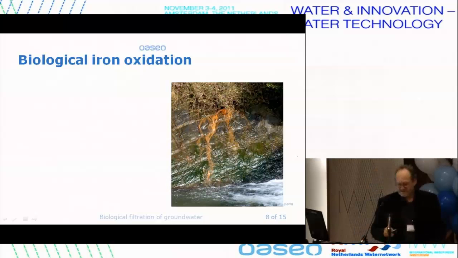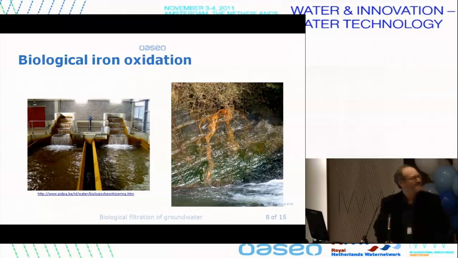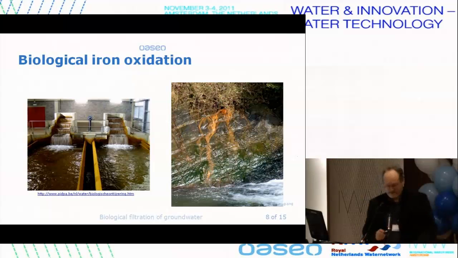You can make this into an engineered system. So this is a picture from our Flemish colleague company of Pitpa. And it shows actually the same sort of system, with the groundwater coming here and then streaming very quickly on top of a filter. And you also get mostly biological iron oxidation in these filters.